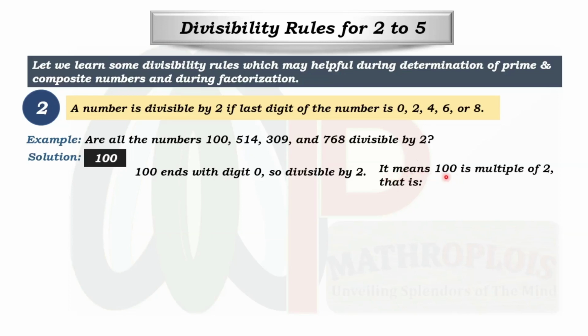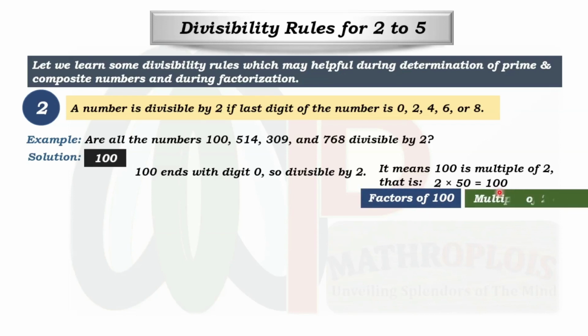It means 100 is a multiple of 2. That is, 2 multiplied by 50 is equal to 100. Here, 2 and 50 are factors of 100. And 100 is a multiple of 2 and 50.